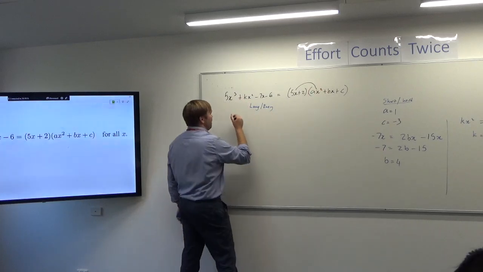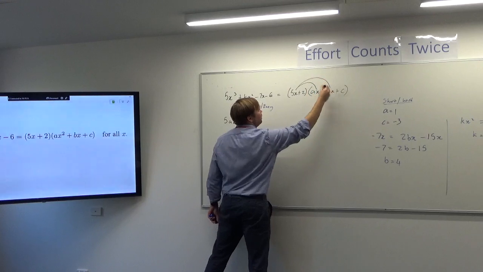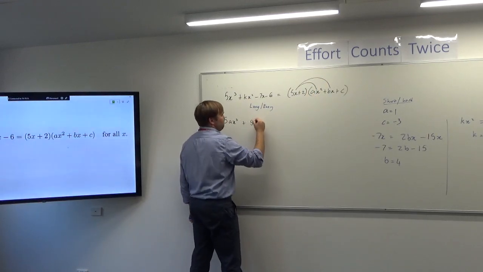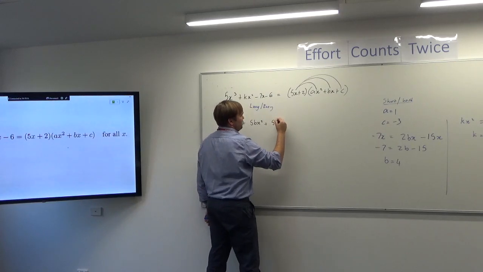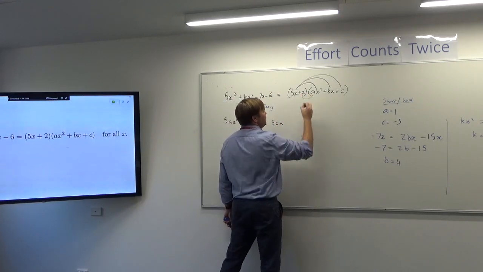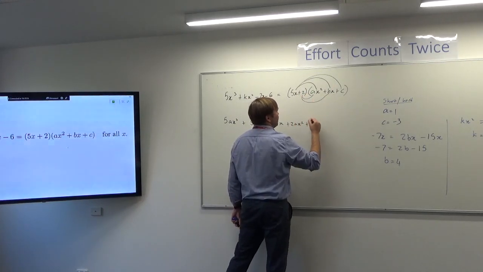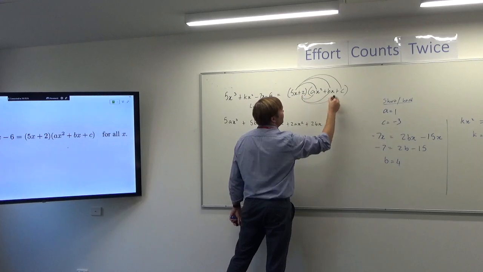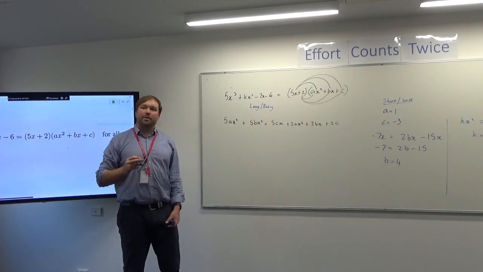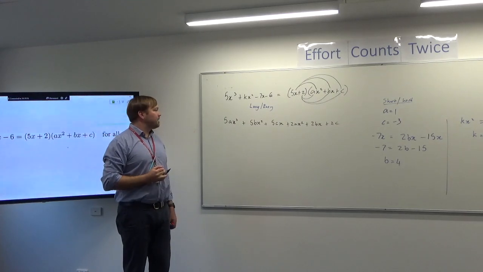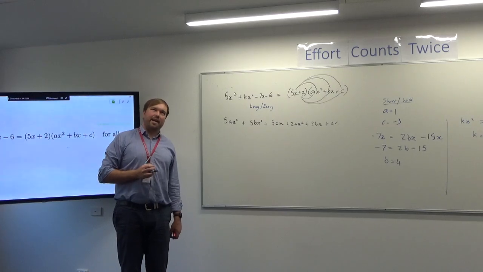So it'll be 5ax cubed plus 5bx squared plus 5cx plus 2ax squared plus 2bx plus 2c.